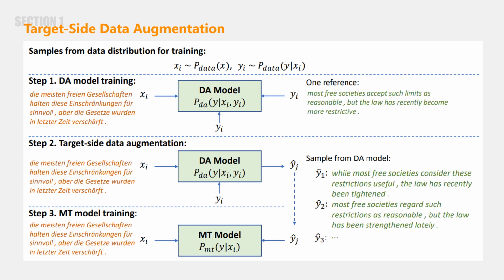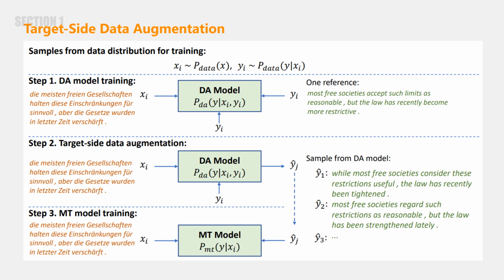Specifically, our target-side data augmentation involves three steps. In step 1, we train a DA model, given sample xi and yi from the data distribution. We model the posterior distribution of possible translations of xi. After training the DA model, in step 2, we use the DA model to generate new possible translations, y hat, for each training sample, obtaining augmented data.